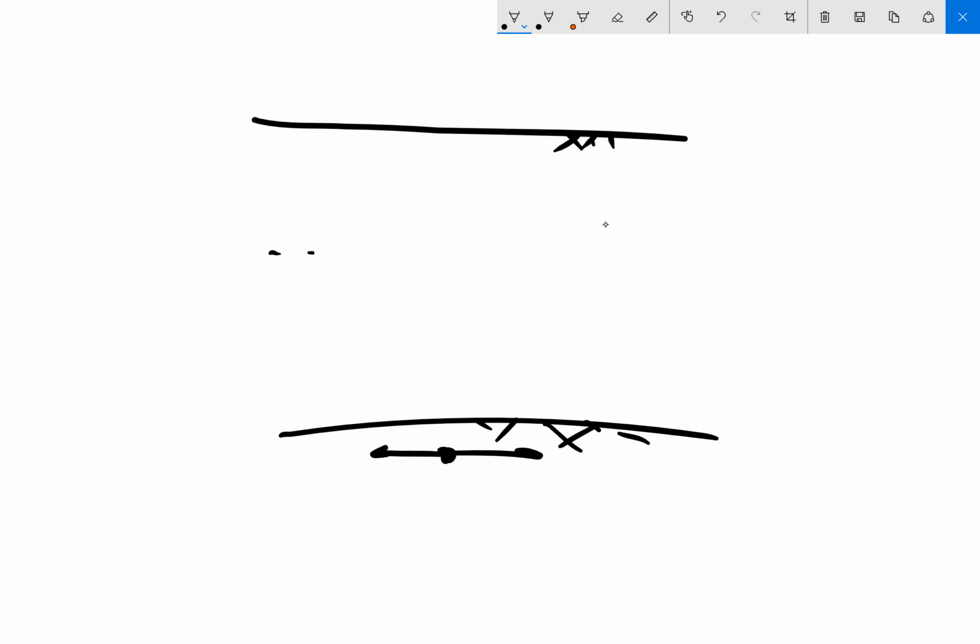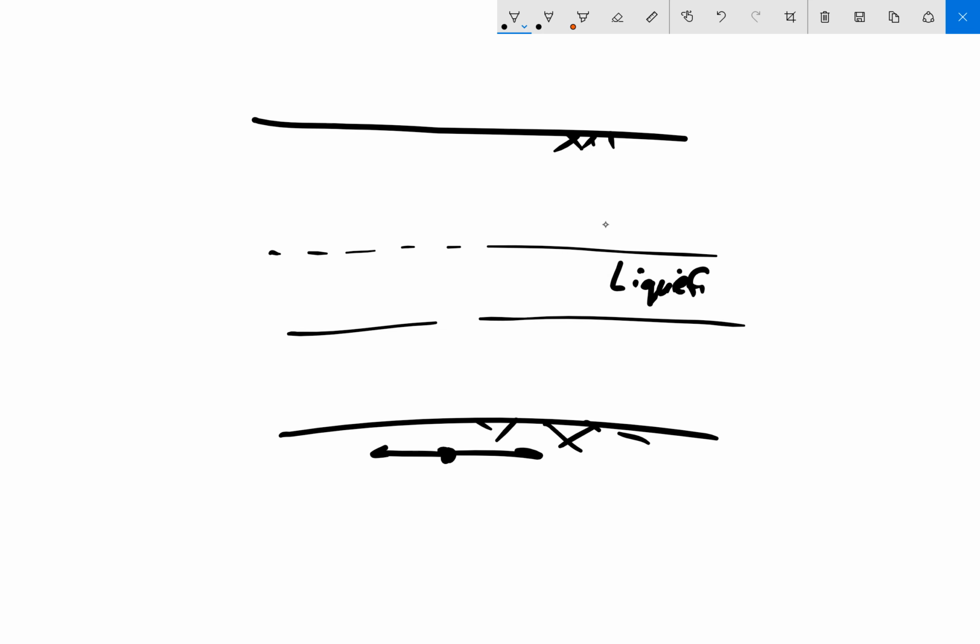Now what if I had a soil layer in here that was liquefied during the analysis? If that soil liquefied during the analysis, the shear modulus is going to plummet. The damping is going to skyrocket.